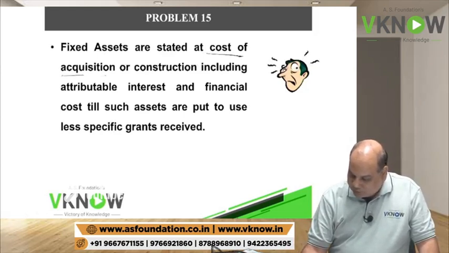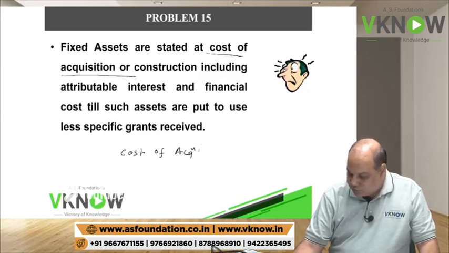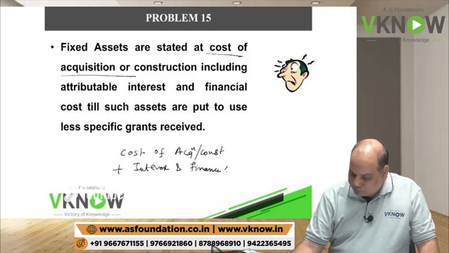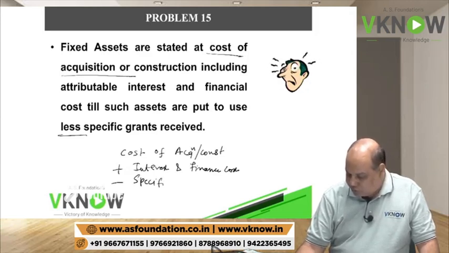So what they have done, they are valuing their fixed asset. They have added the cost of acquisition or construction, plus they have added interest and finance cost till the asset is put to use, minus specific grant received.